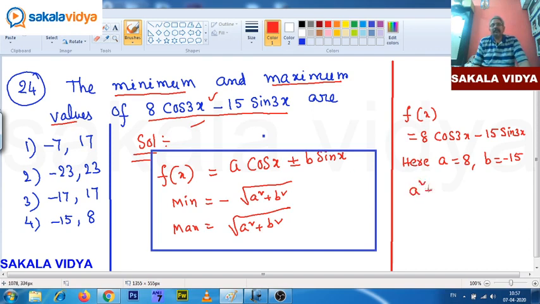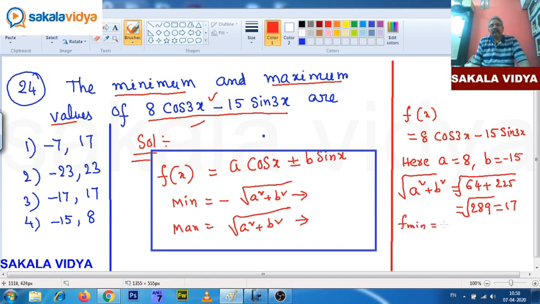A square plus b square: 64 plus 225, that is 289. Take the square root, this will be 17. Am I correct now? Therefore, using this formula, f minimum is equal to minus 17, f maximum is 17. So that means the third option is the right option.